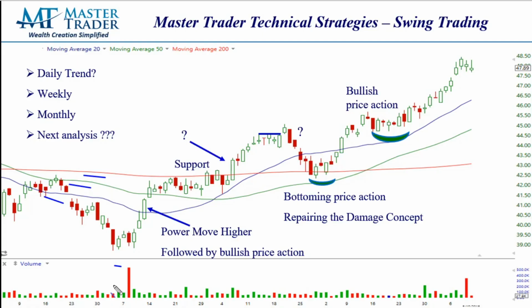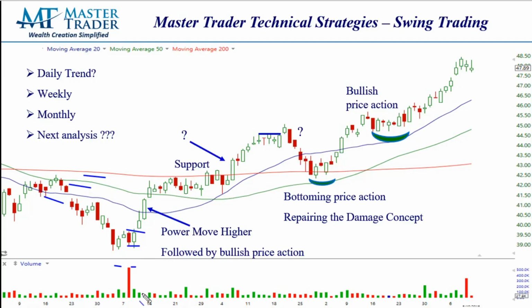Remember, when it comes to volume, our primary focus is spikes, which says pay attention. There was a big increase in activity. We don't know what it's going to do, so watch. What happens next? Apply bar by bar. A complete reversal of a red bar now being ignored that formed on huge volume.